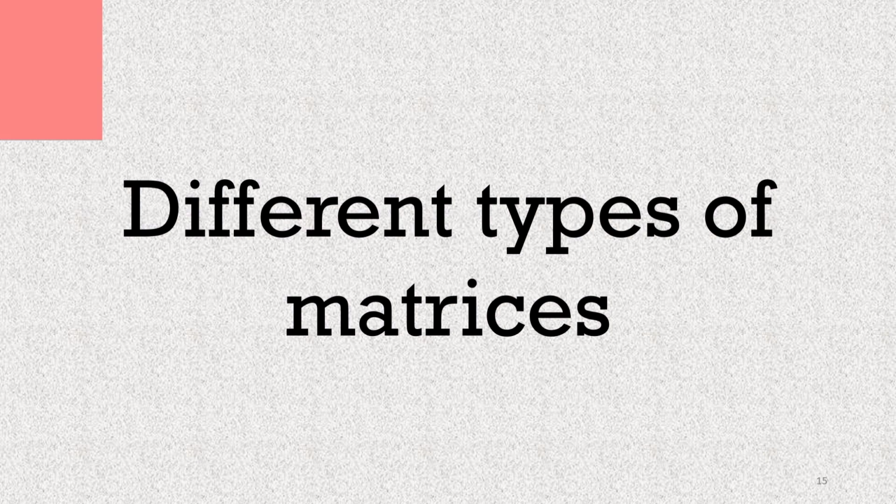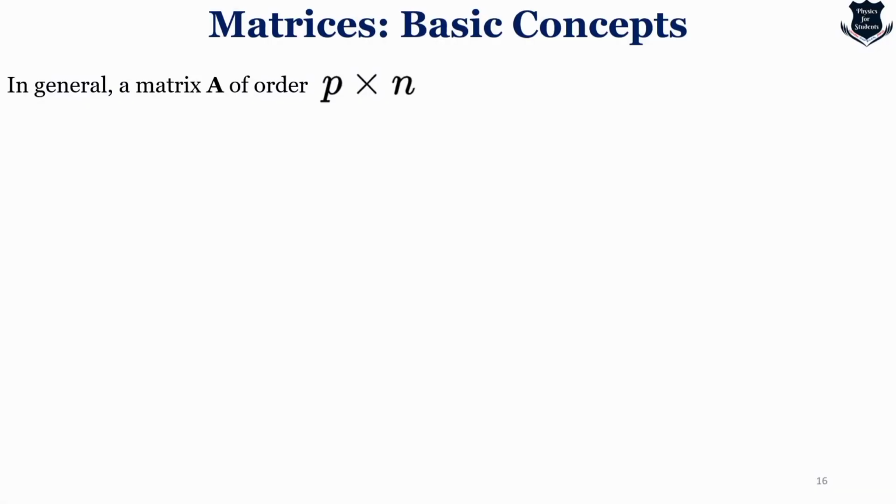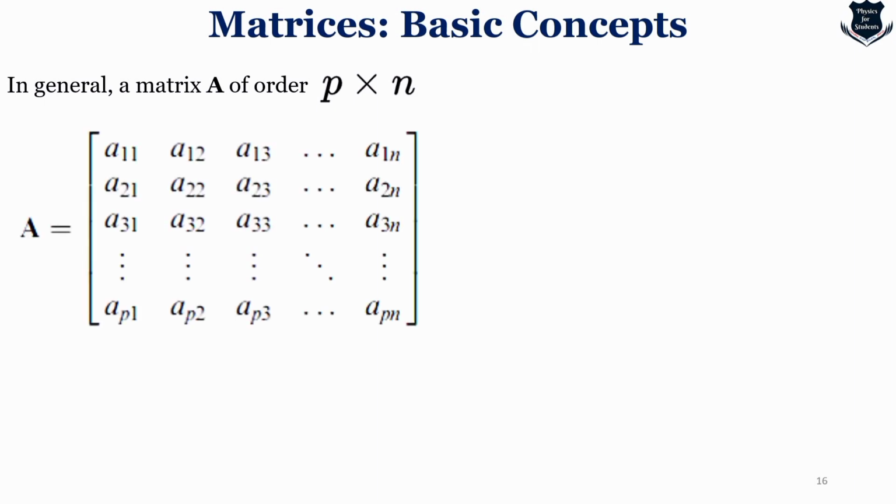Okay, now that we have understood the matrix and how we represent it, I would like to show you the different types of matrices which are formed. In general, a matrix, say for example A of order P times N, looks something like this.